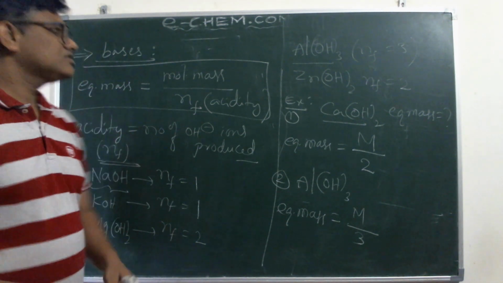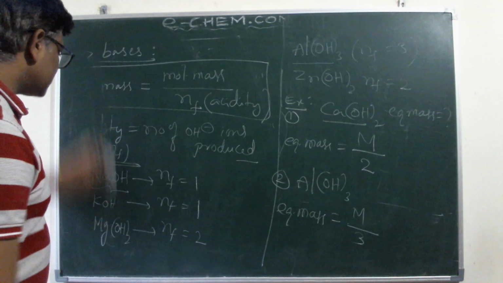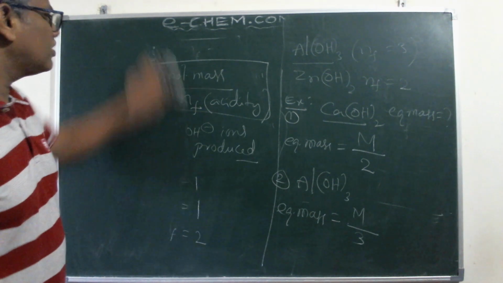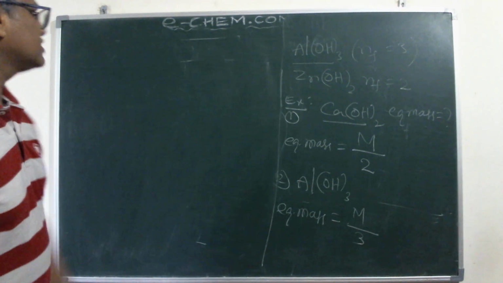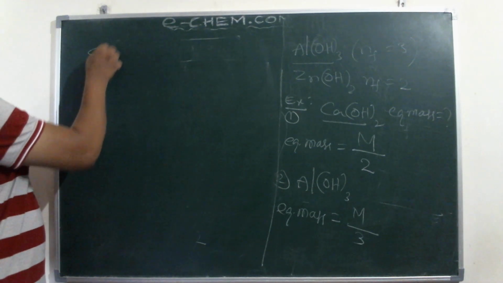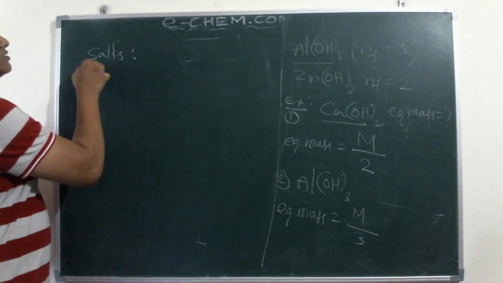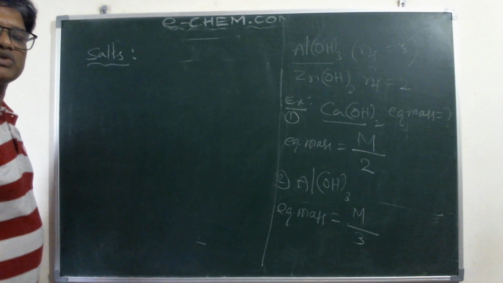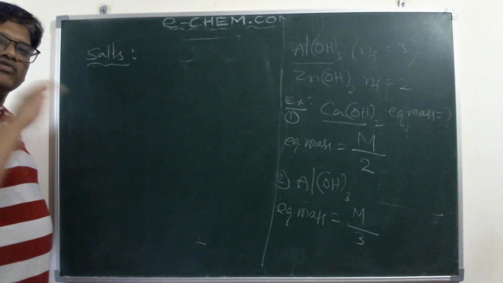Right, now let's calculate the equivalent masses for salts. Salt is what? It is a combination of cation and anion.